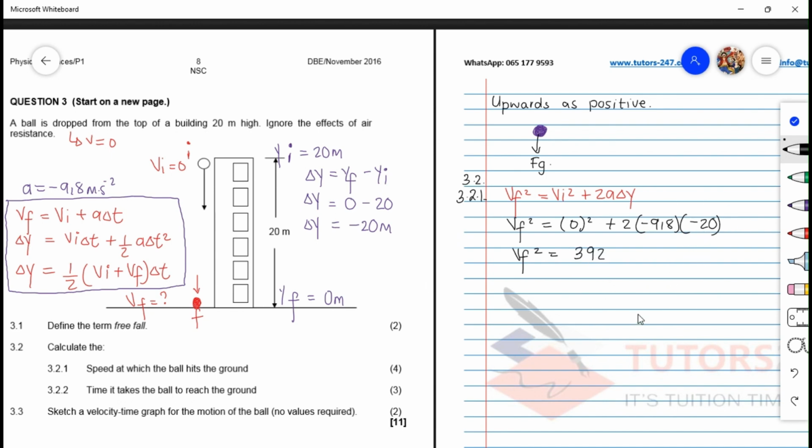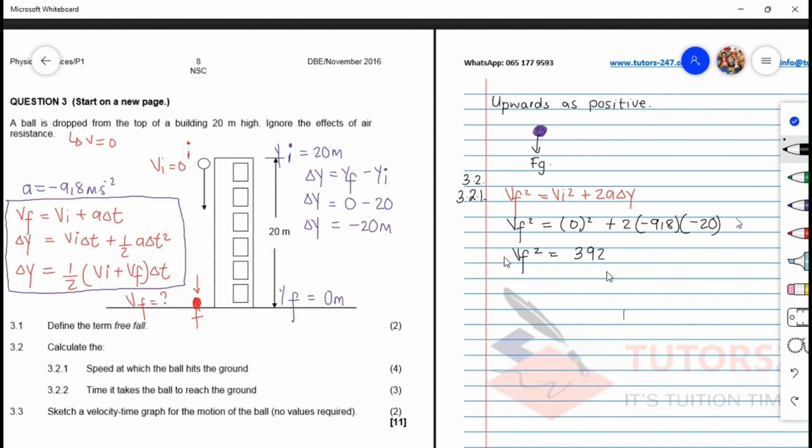Now, if we put in the incorrect sign for displacement, for example positive 20, we would have ended up with a negative value of 392. And we know that we can't square root a negative value because it's going to give us an error and we would have been stuck. So that is why it is important to double check that your signs are correct.